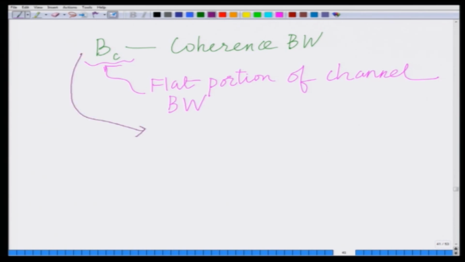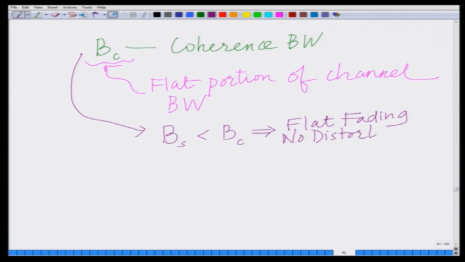Further, what we have said is, if Bs is less than Bc, this implies flat fading with no distortion.